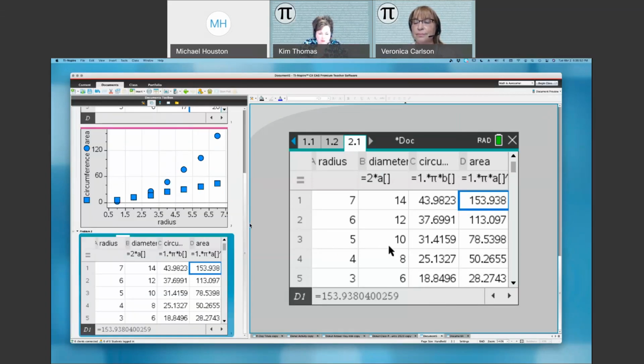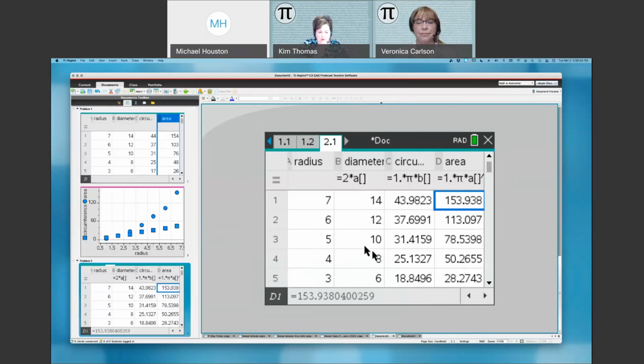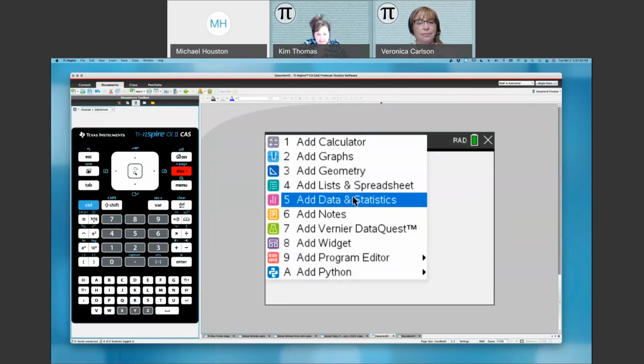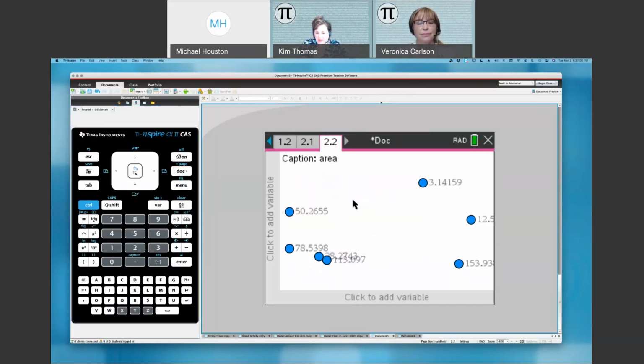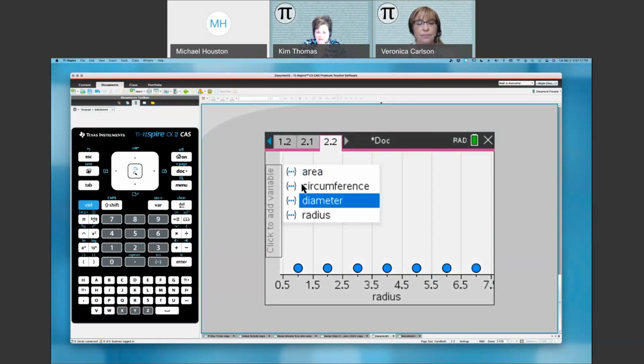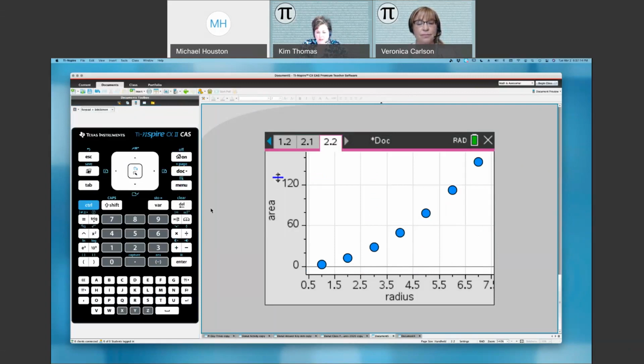What's beautiful about working with this one, so I'll work with the real data on this one, is I'm just going to hit control page again. And so I'm going to go to data and statistics. Now I can look at radius to area. I'm going to see that beautiful curve there.